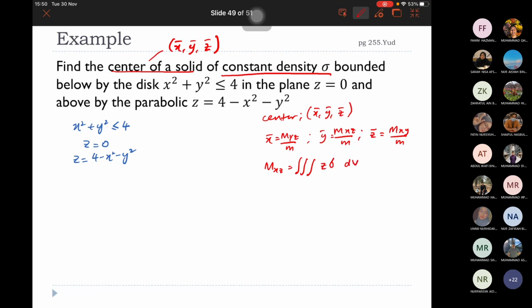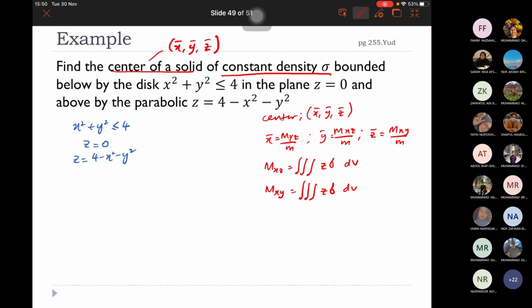Z delta dV. Okay. M XY akan sama dengan triple integral over the bounded region G Z darab dengan delta dV.